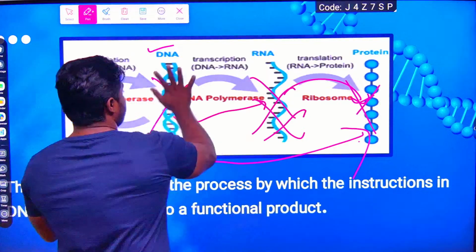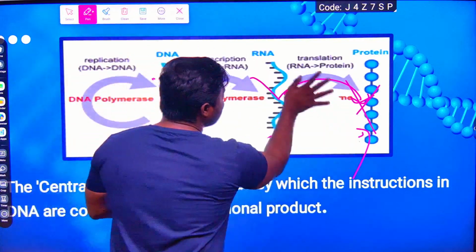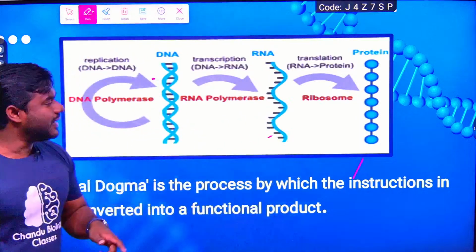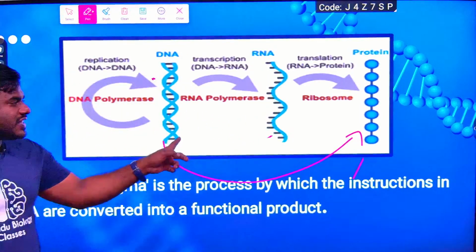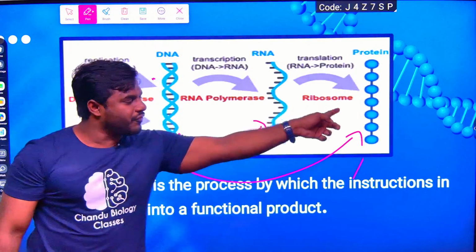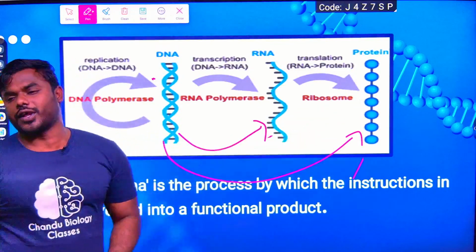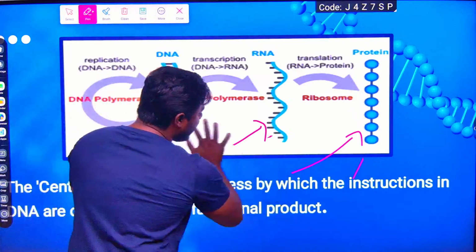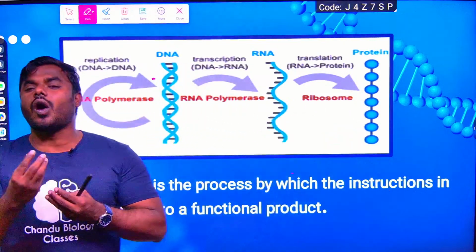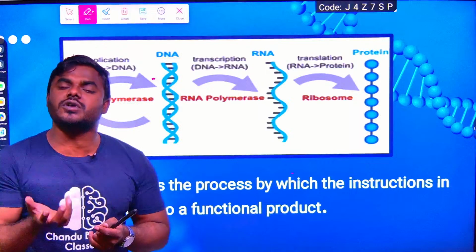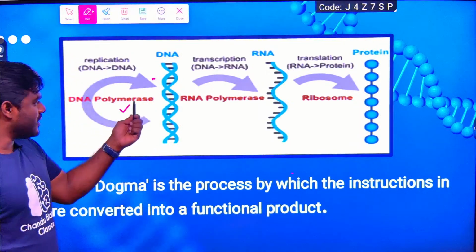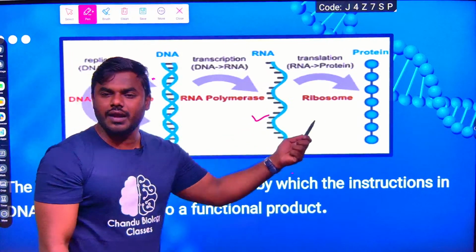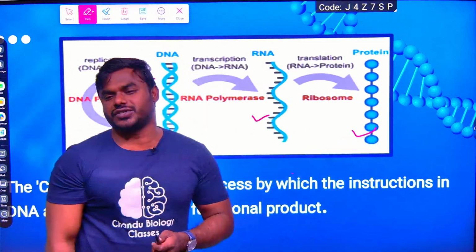That's the reason, in order to protect its integrity and stability, the DNA is always synthesizing the RNA, and through the RNA it synthesizes the protein. So these are three common fundamental processes happening inside the cell. What are those? Replication, transcription and translation.